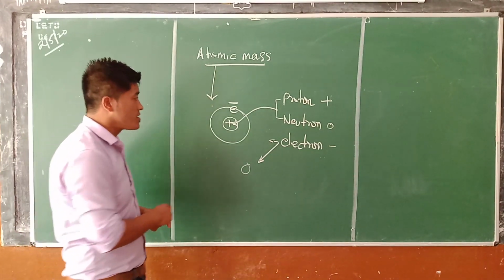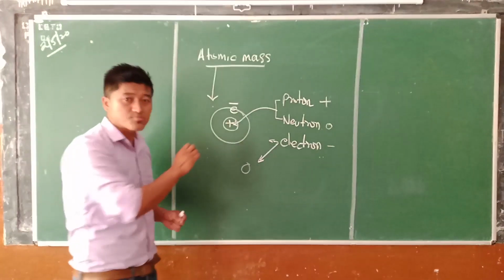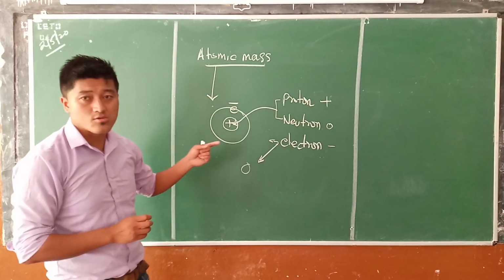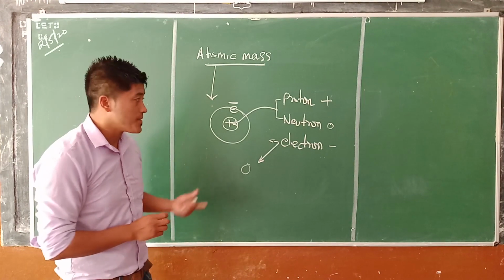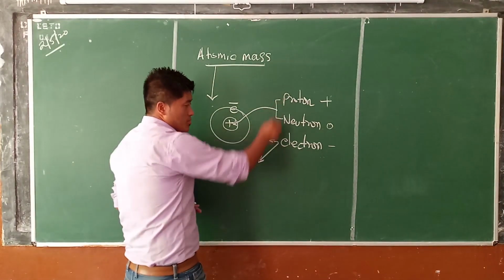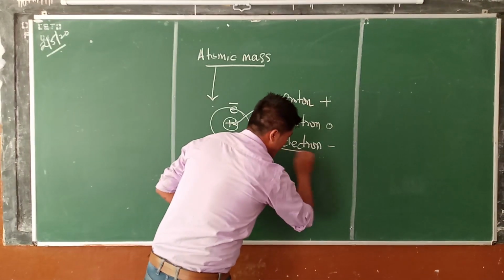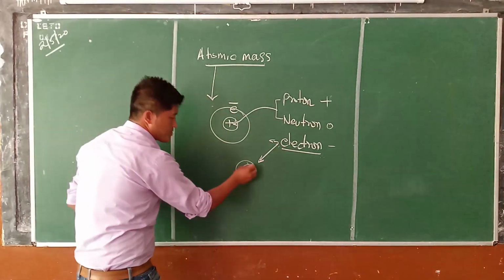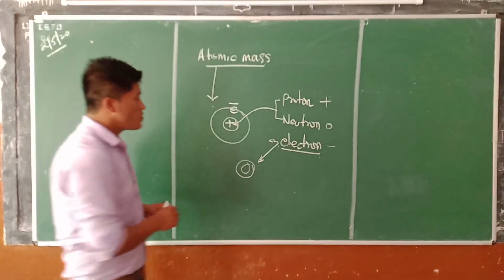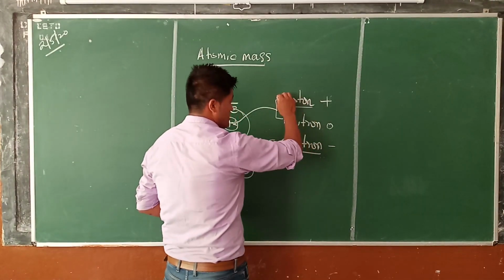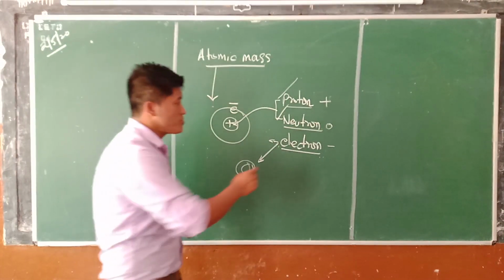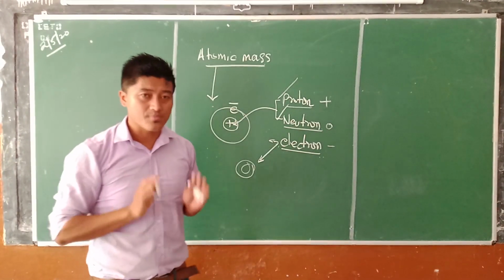So we never consider the mass of the electron when we are measuring the atomic mass of an atom. The proton carries some mass, and the neutron also carries some mass, but the neutron doesn't carry any charge. Keep that in your mind.